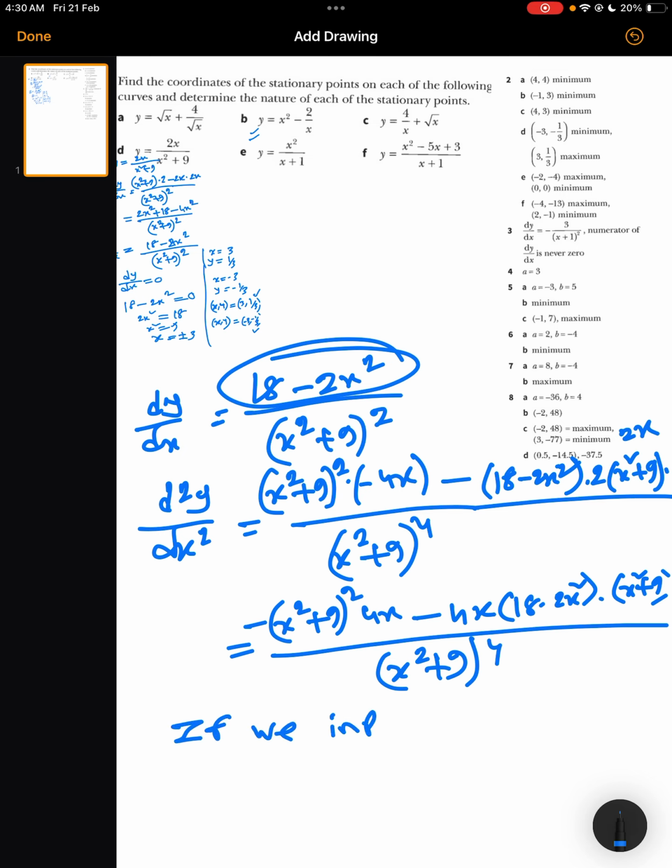If we input x is equal to positive 3, we'll get d squared y less than 0, so maximum.